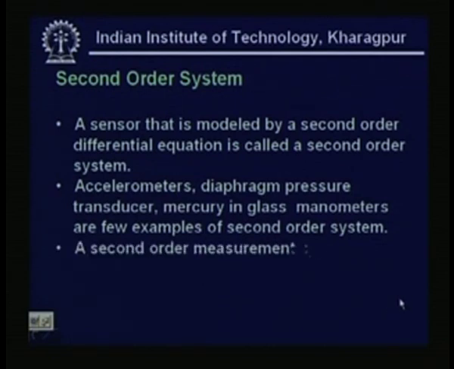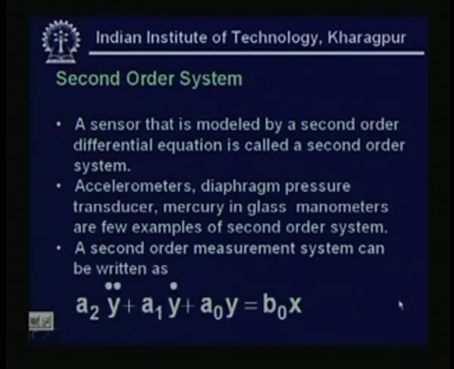Now, a second order measurement system can be written as A2 y double dot plus A1 y dot plus A naught y equal to B naught x.